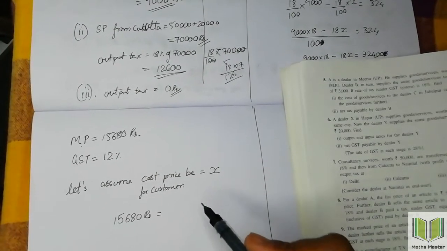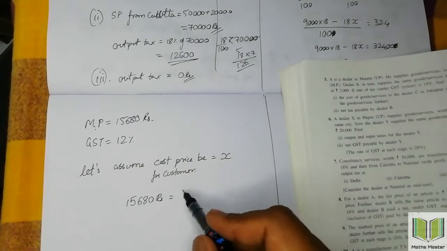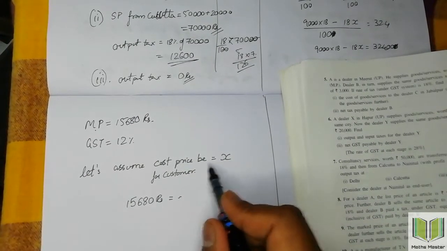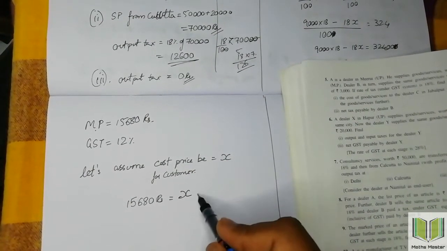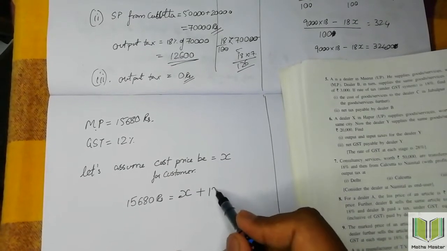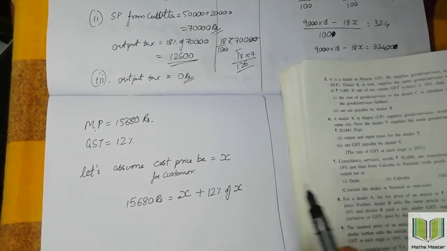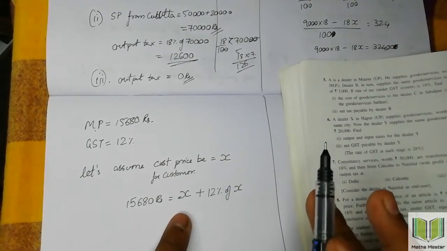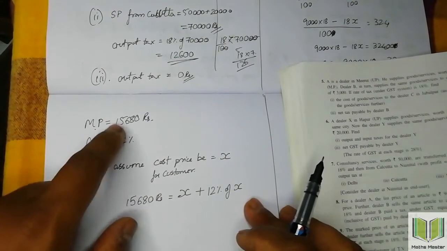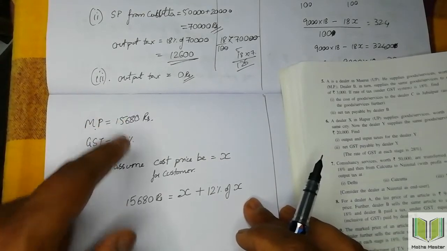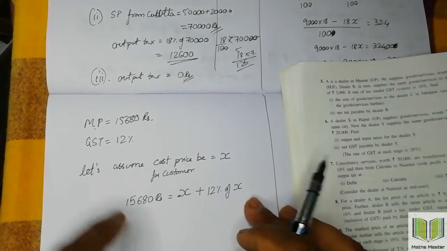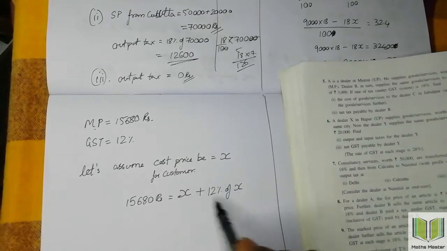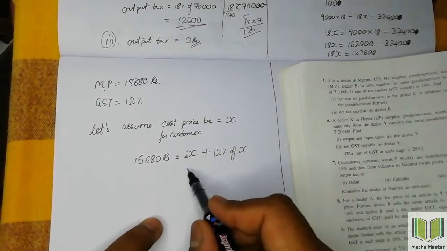What will we pay if we are going to a store and purchase? We'll be paying the market price, which we don't know. We have taken it as X rupees over here, plus 12% of X rupees. X rupees is the amount marked on the fridge. But the customer is asking it for that amount. So what the dealer does is what we are seeing over here.